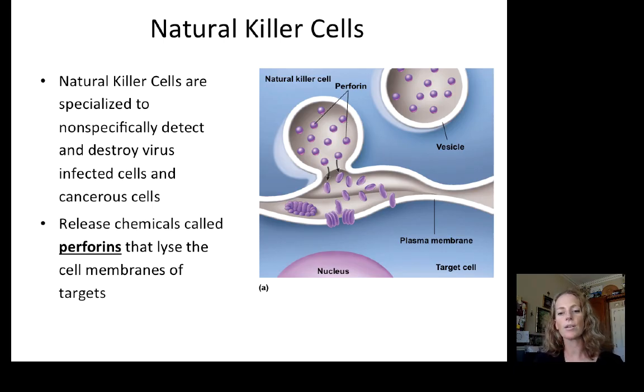These chemicals are called perforins, and they're inserted in the membrane of the infected cell. Poking holes in a cell, not good, right? So the natural killer cell releases these perforins, it pokes holes in the damaged cells and causes those damaged cells to die.